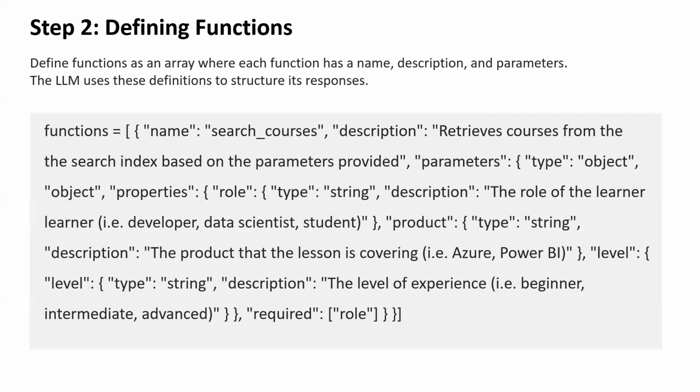Let's say we're defining the current function, which is search courses. So the function name is search courses, right? The description, which is another parameter, is retrieves courses from the search index based on the parameters provided, right? The parameters then, another parameter, is type, object, properties.